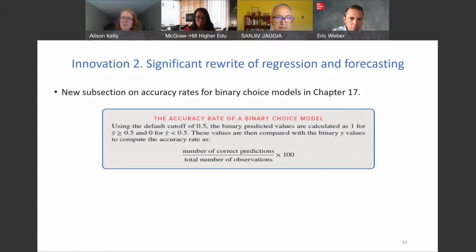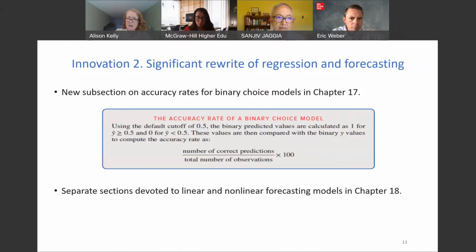What we had done in the past was that we looked at the linear probability model and the logit model, but then we didn't explain how you would decide which model might be best. And here we show that you can use the accuracy rate to choose between different binary choice models.